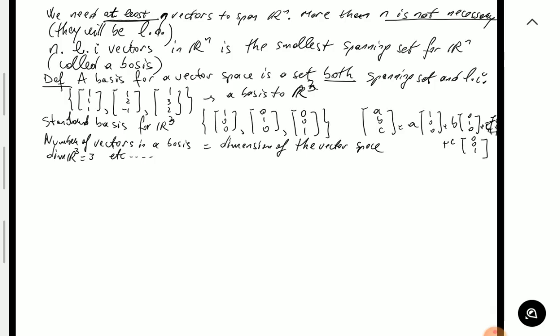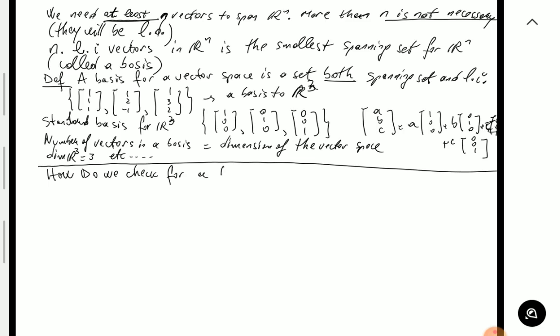So how do we check for a basis in Rn? First of all, we need to know if we have the right number. If we don't have exactly n vectors, it's not going to form a basis. What happens if we have n vectors? They might be dependent, so one of them might be a linear combination of the others, and therefore they cannot span the entire vector space.